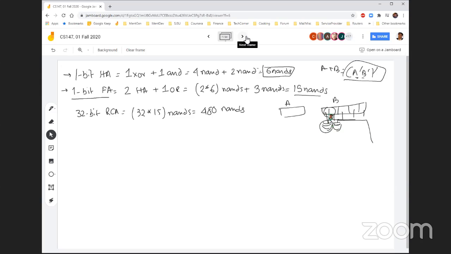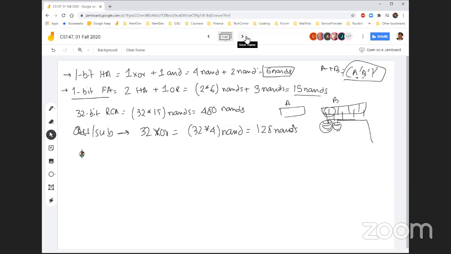To make it an add-subtract circuit, we need to add these 32 XORs, which is 32 multiplied by 4 NANDs, equals 128 NANDs.